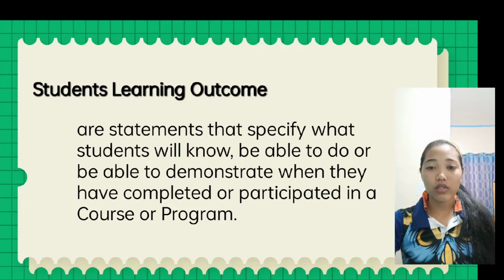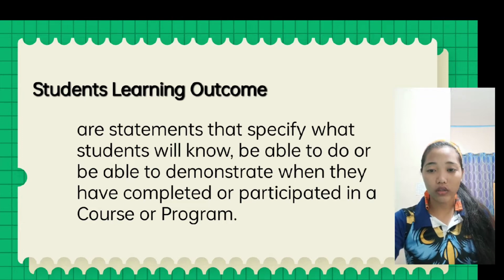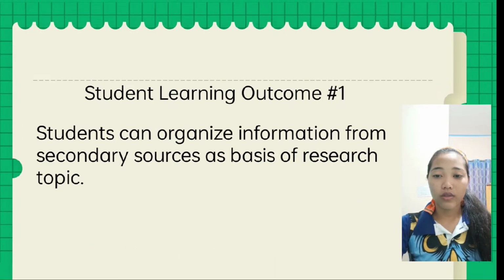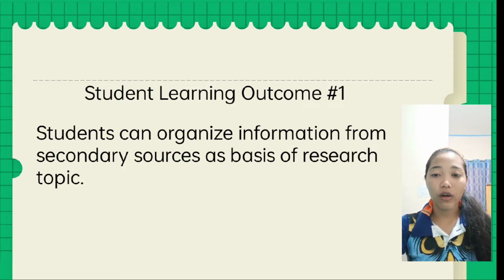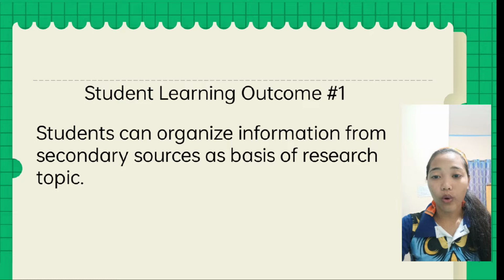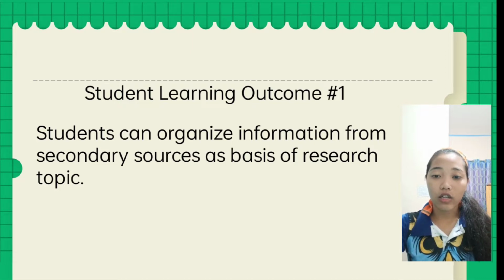So let's proceed to student learning outcome number 1. Student can organize information from secondary sources as basis of research topic. This student is literate in reading because he knows how to organize and differentiate information from secondary sources.